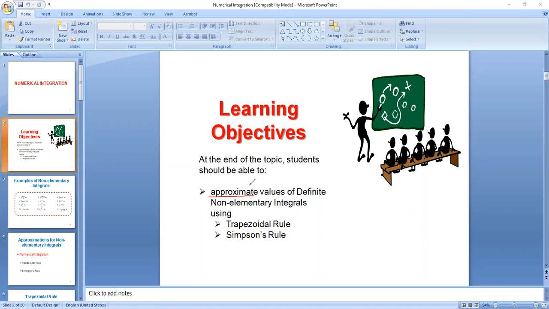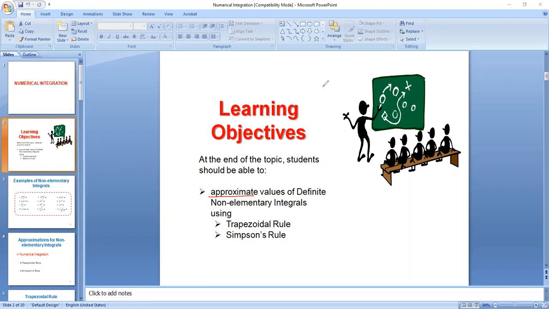But it's not as accurate as doing it using the calculator, meaning directly substituting the limits to your integral using your calculator without showing any steps as to how that particular value was arrived at. Okay, so approximate the values of definite non-elementary integrals using trapezoidal rule and Simpson's rule.